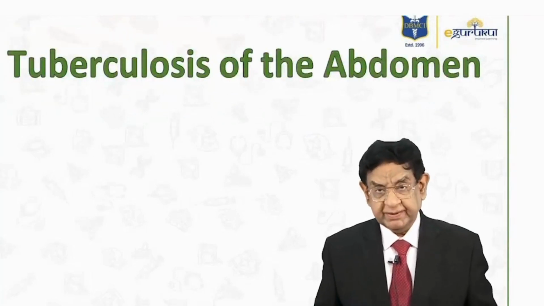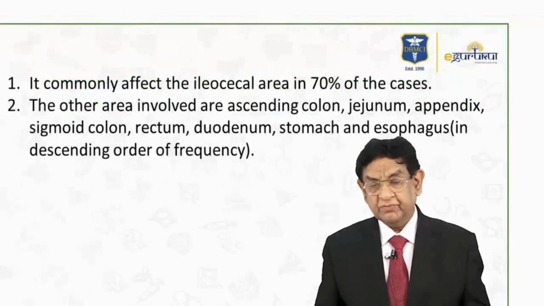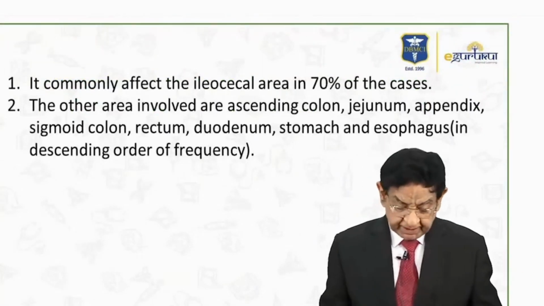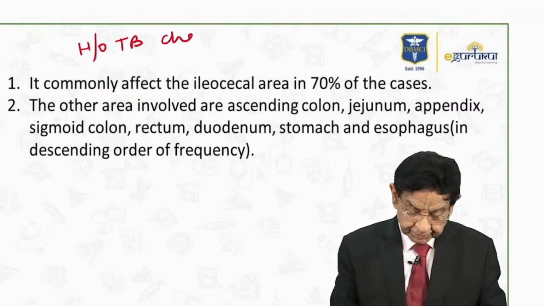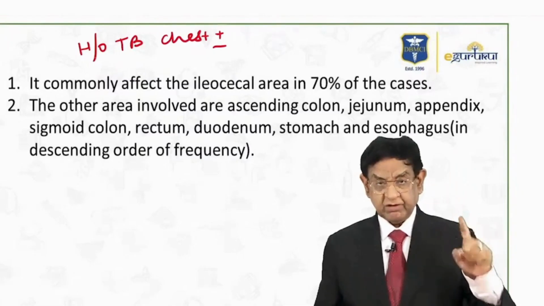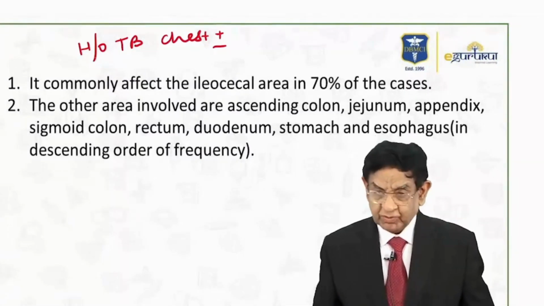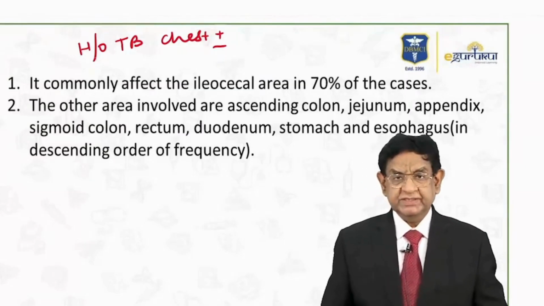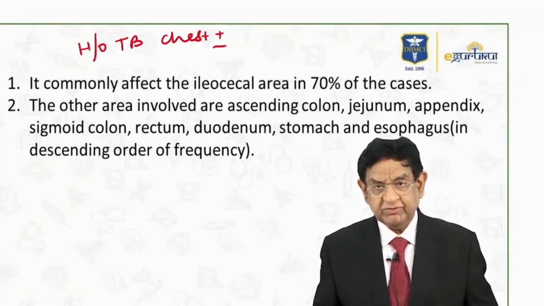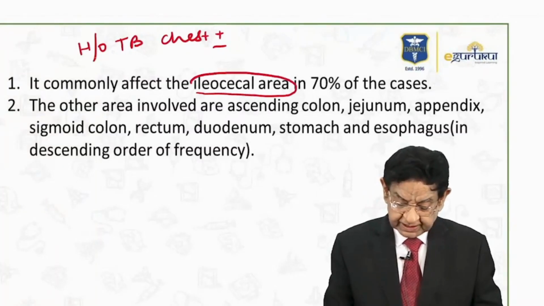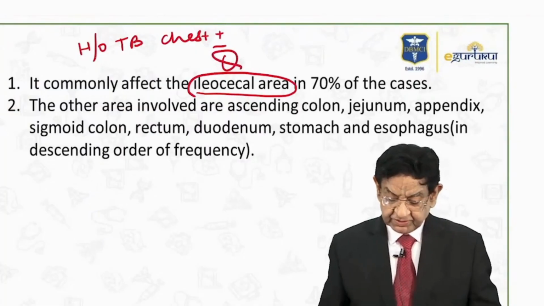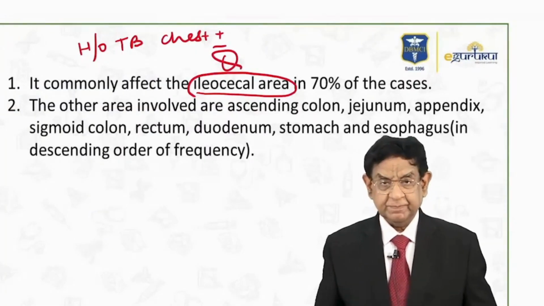Tuberculosis of the abdomen. And of course, in such cases, there may be a history of TB in the chest. May or may not be there. But one thing is sure, that when the abdomen is involved, the commonest site is the ileocecal area. This is a very, very important line.